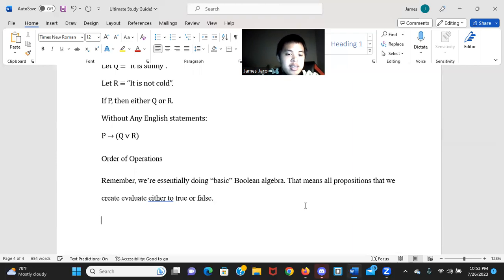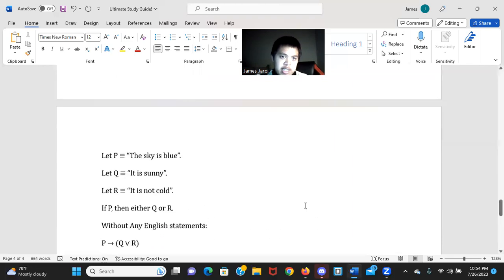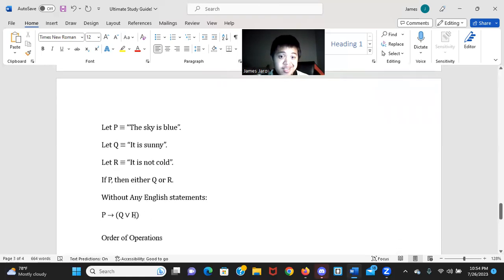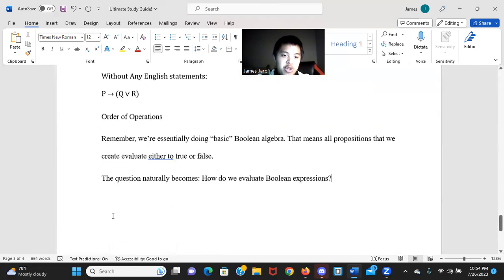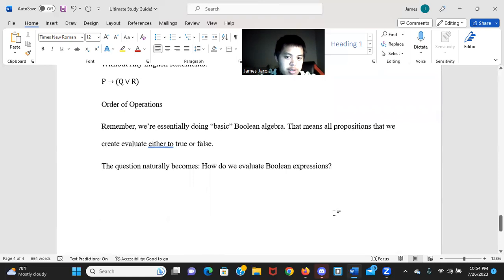And so the question naturally becomes, how do we evaluate Boolean expressions? Which means, how do we evaluate the validity of a statement such as P implies Q or R, for example.